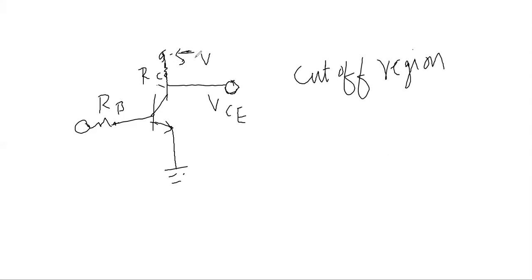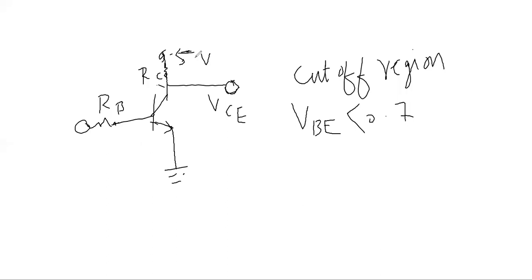In the cutoff region, if VBE, the base emitter junction voltage, is less than 0.7 volt, it means the base emitter junction is not forward biased.